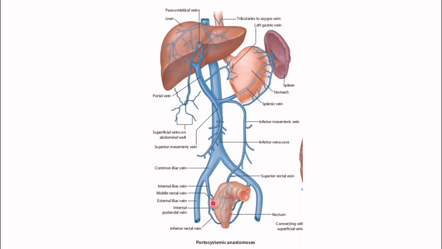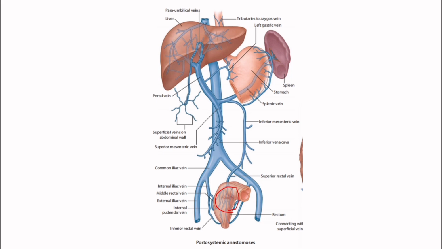If there is damage to the liver, the blood will take another route and go via the systemic system, and it will cause distension of the vessels which are found here.